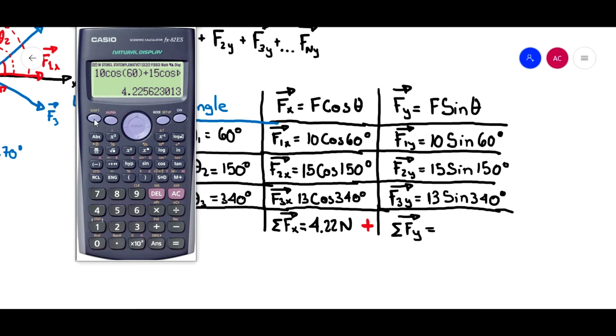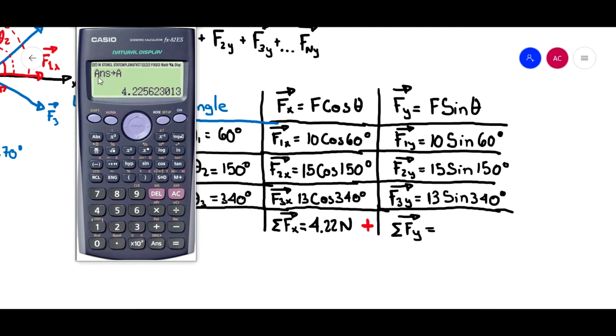If you got a calculator like this, the procedure is going to be exactly the same. So I'm going to hit the shift button, and then I'm going to locate the key that says STO, meaning storage, and I'm going to select a variable. It could be A, B, C, D. I'm going to choose A, and I'm going to press this button.